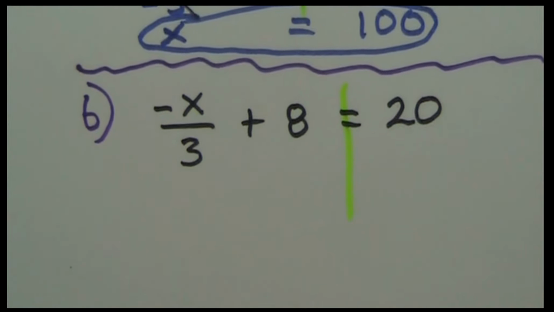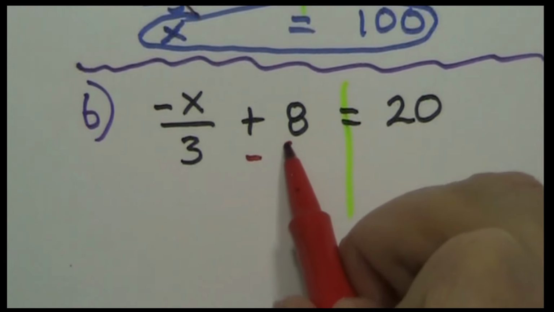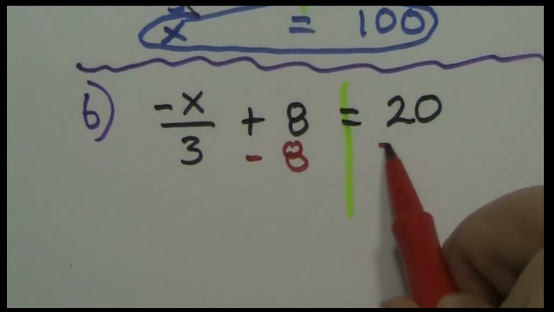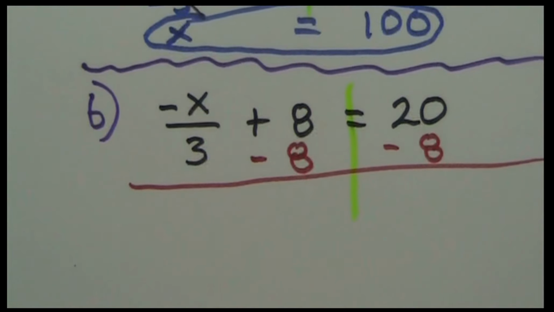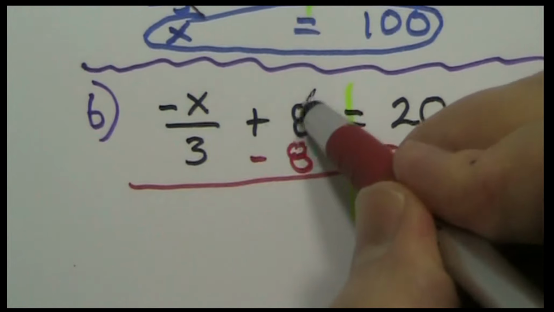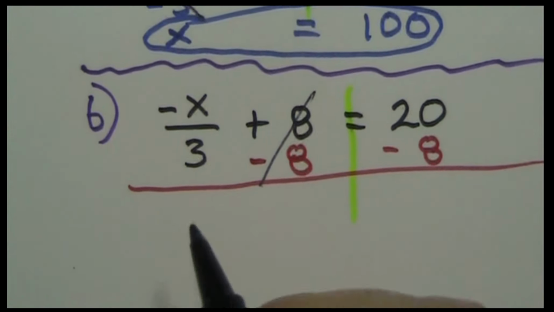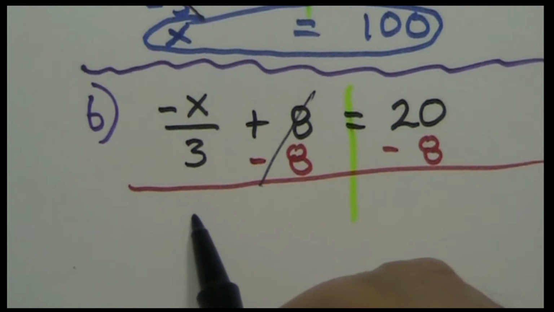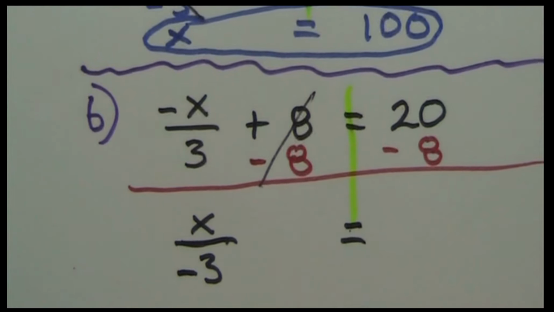To get rid of the constant, which is plus 8, you subtract 8 from both sides. This will be 0. And so you're left with, on the left side, x divided by 3. Now, you see that negative? I'm going to put it down the bottom to make it easier for me, for us.